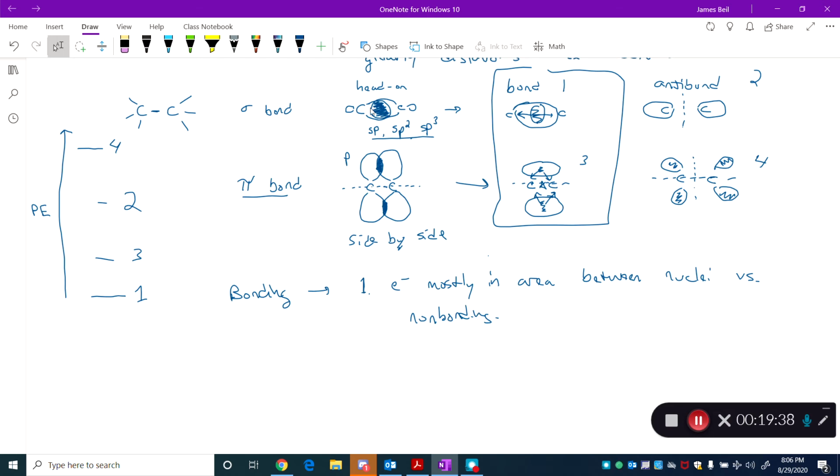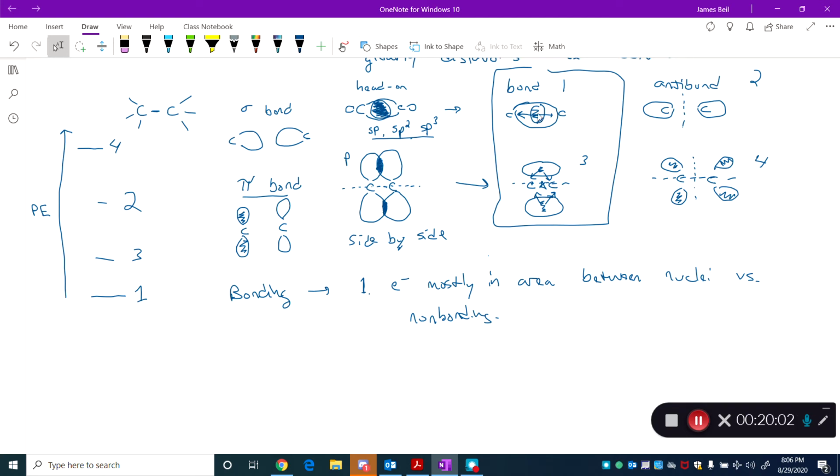If we imagine these carbons not bonding together because they're not close enough for their orbitals to overlap, whether it be a sigma or pi situation, if the atoms aren't close enough for their orbitals to overlap, well then the electrons are really only able to attract to one nucleus at a time, because they're only in an orbital around one nucleus.